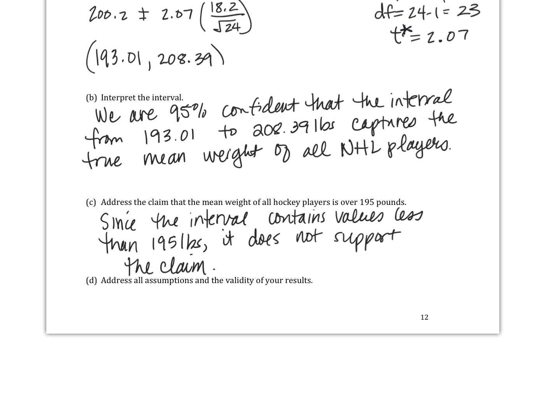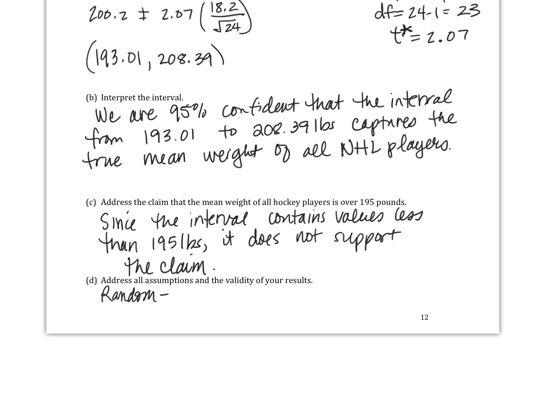Then it says, address all the assumptions and the validity of your results. This is the conditions thing. Was it a random sample? What does it say back at the beginning of the question? What'd you say?